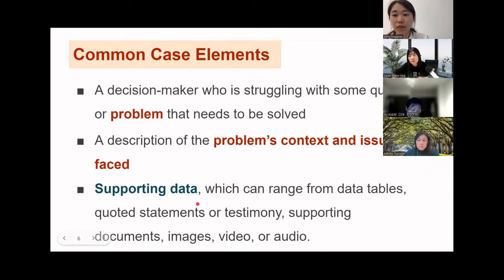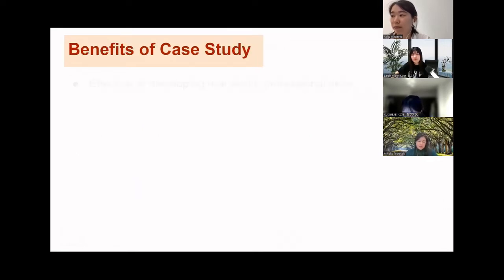Have you read the case study Forefront? There is supporting data, right? The case will always have this.